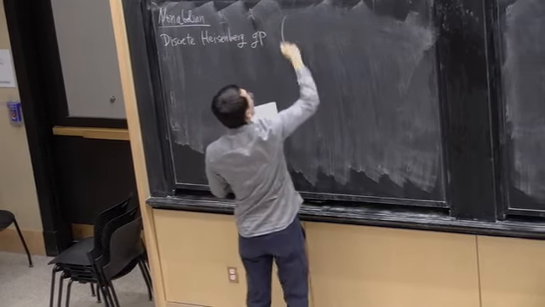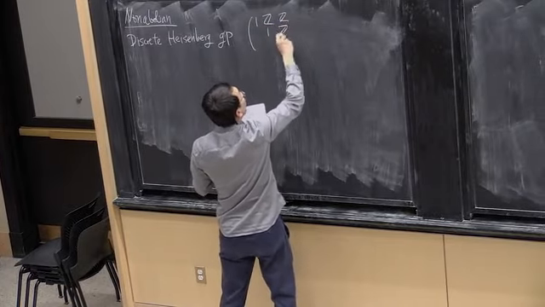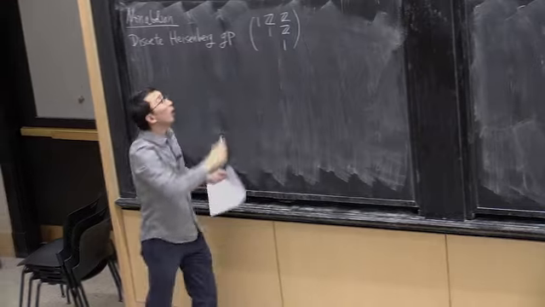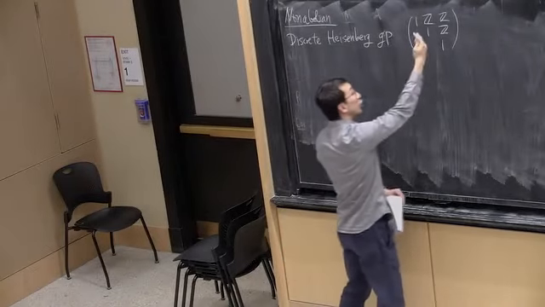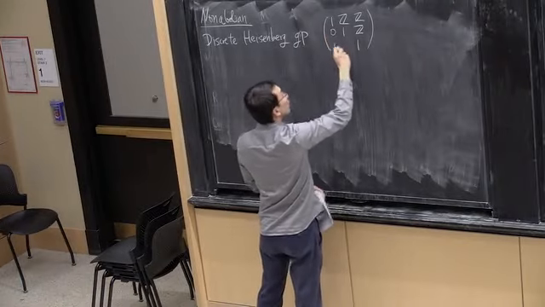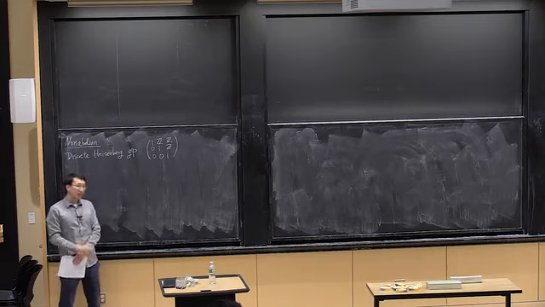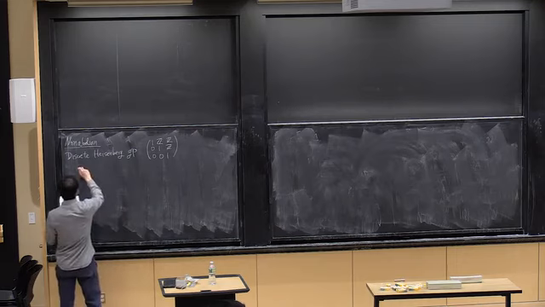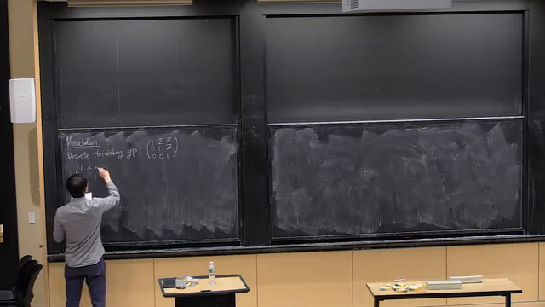Which is the matrix group consisting of matrices that look like what I've written, right? So you have integer entries above the diagonal, 1 on the diagonal, and 0 below the diagonal. Okay, so let's do some elementary matrix multiplication to see how group multiplication in this group works.